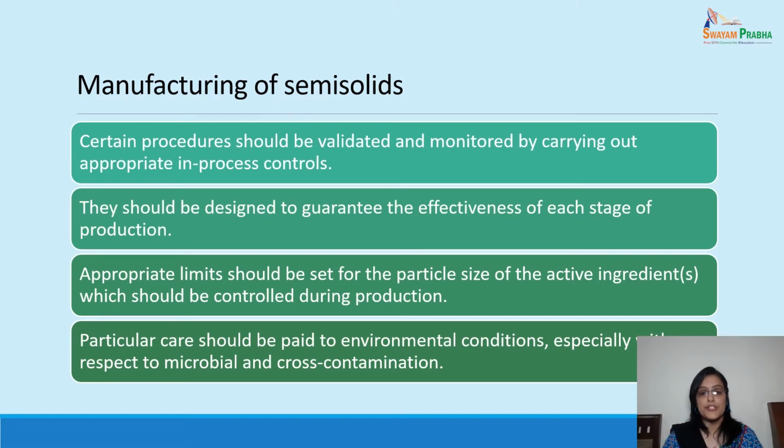Limits should be set for the particle size of the active ingredient, what particle size is needed, which should be controlled during production. Particular care should be paid to the environmental conditions with respect to microbial and cross contamination.